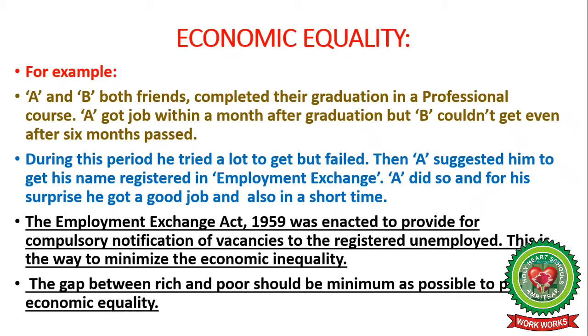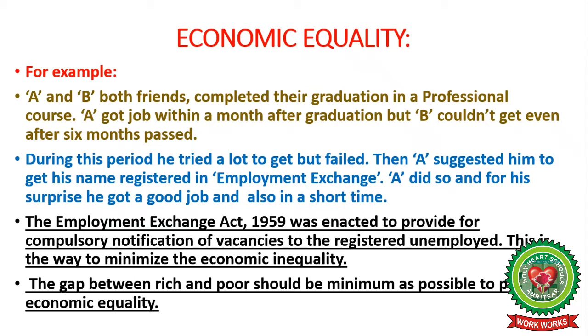Like A and B, both friends completed their graduation in a professional course. Here you can imagine any professional course, like both were doctors or both were lawyers or both were engineers.